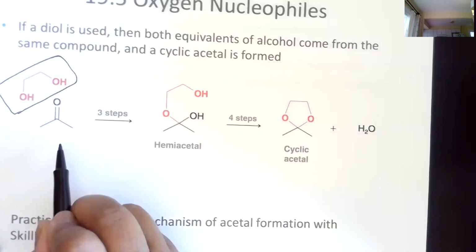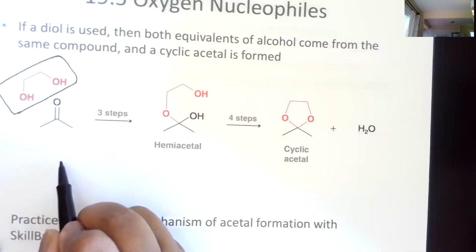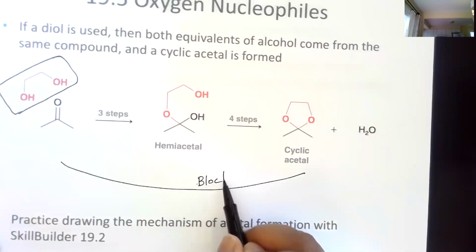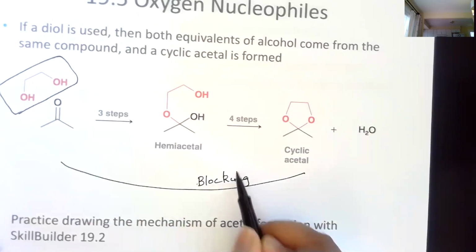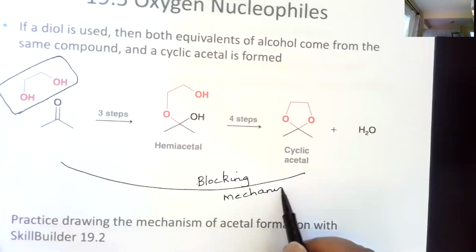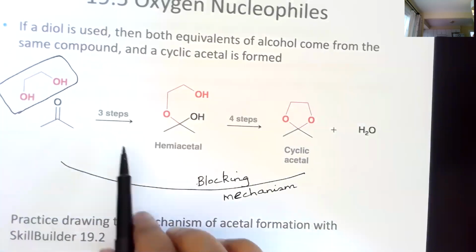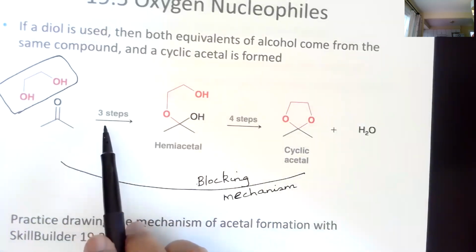Oh, yeah. So this is used as a blocking mechanism for the carbonyl group. Okay, blocking mechanism. So it's the same thing, the steps are all the same. 3 steps.